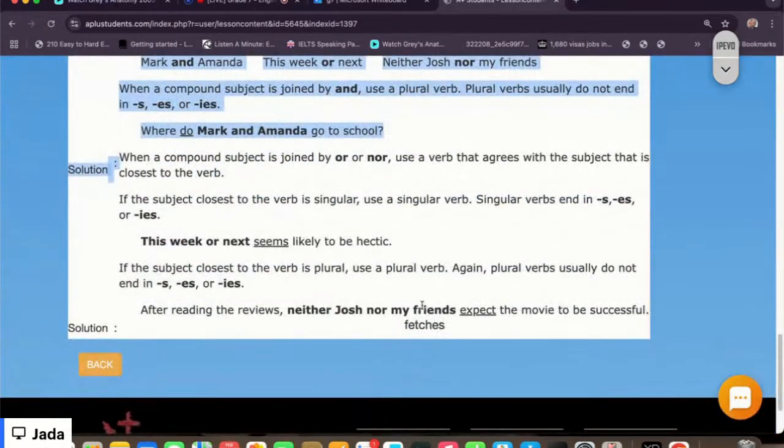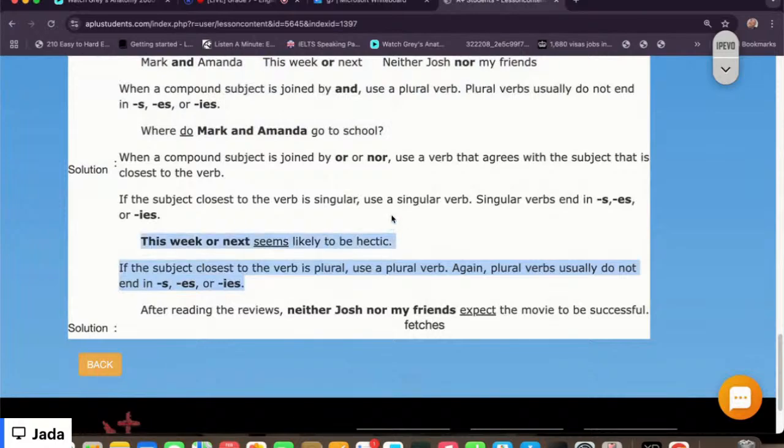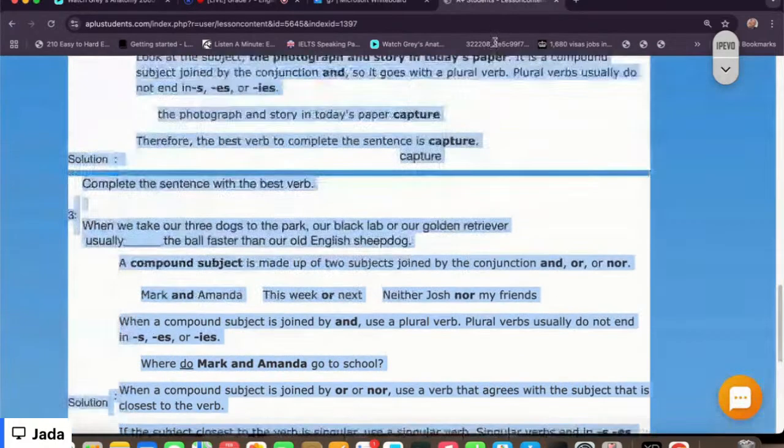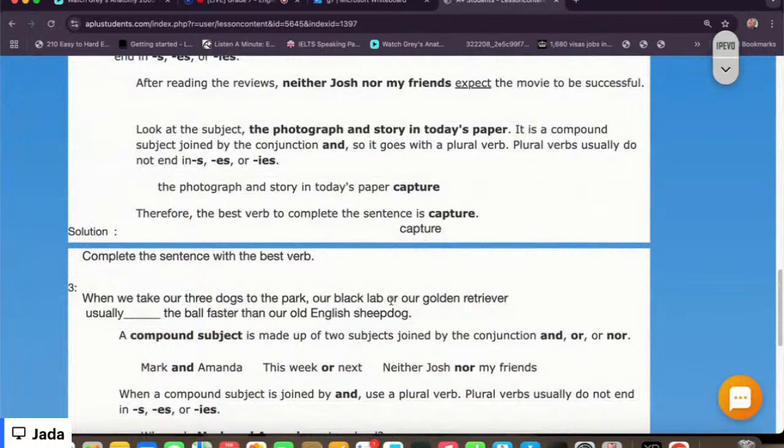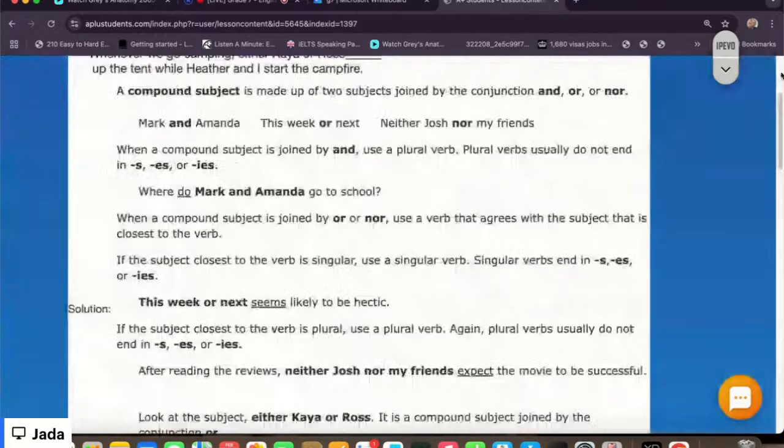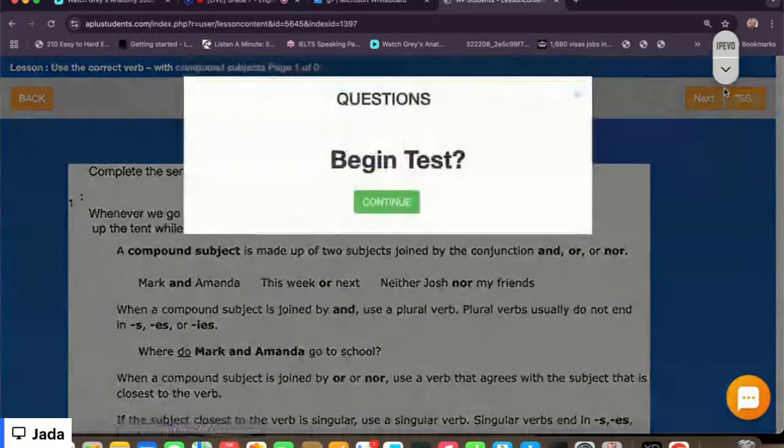So we have to look at this, our golden retriever. This is just one. Okay, so we'll move on to the test.